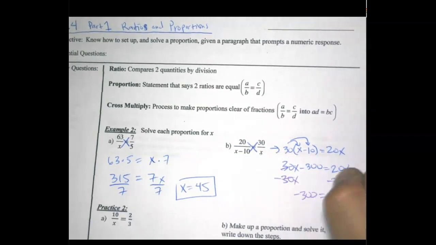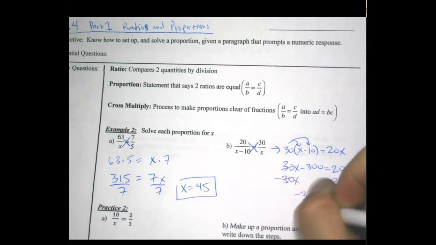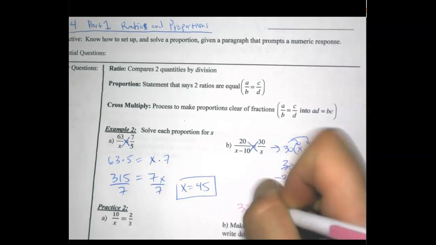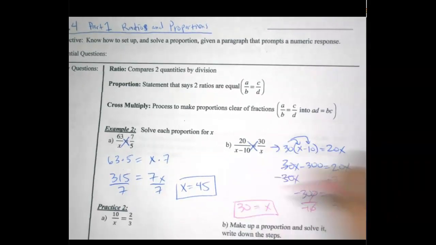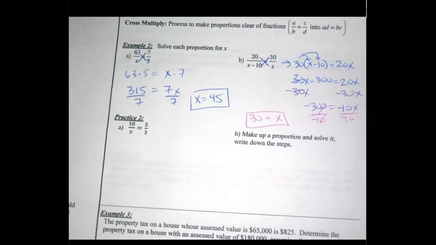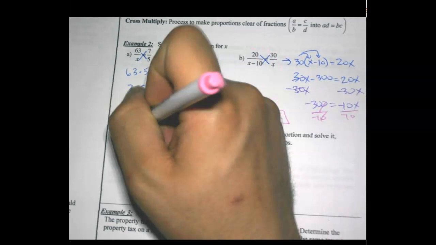So 20 minus 30 is negative 10, and then if you divide both sides by negative 10, you'll have your answer. You can cross a 0 out if you want. Negative 30 divided by negative 1 is going to give me a positive 30 for x. Going to keep moving here. Pretty much going to solve most of these by cross multiplying, if not all of them.